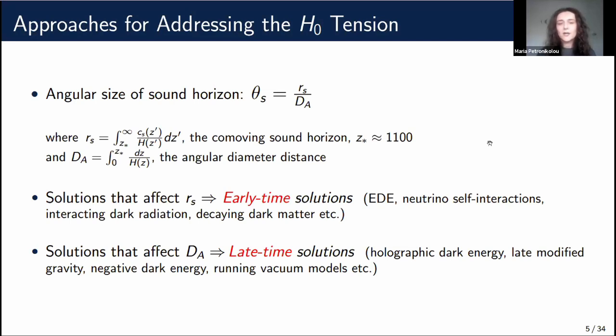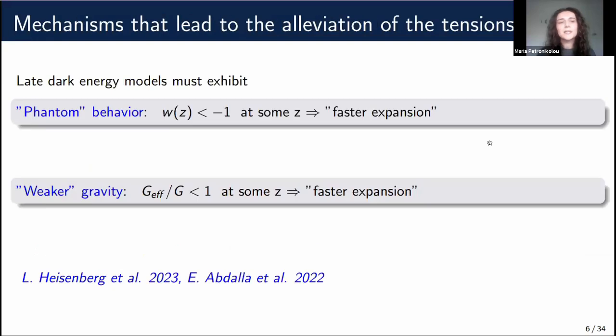In this talk, I will focus on late time solutions, since we're going to use modified gravity in order to see if it's possible to alleviate the tension through scalar-tensor theories and bi-scalar-tensor theories. So I'm going to study late dark energy models. That's why I'm going to point out now mechanisms that could lead to the alleviation of the tensions.